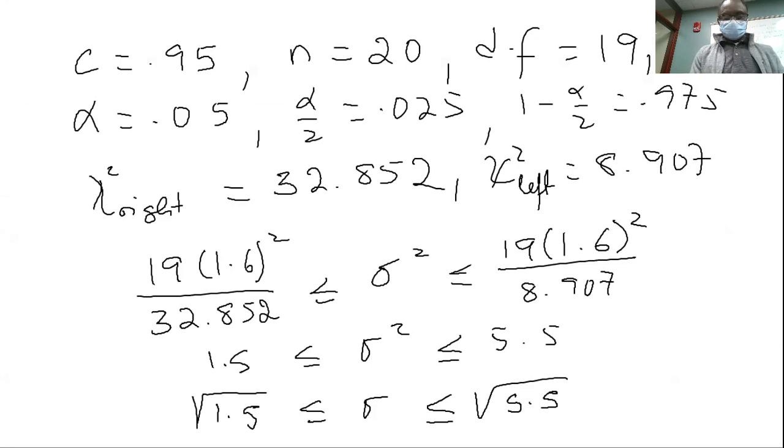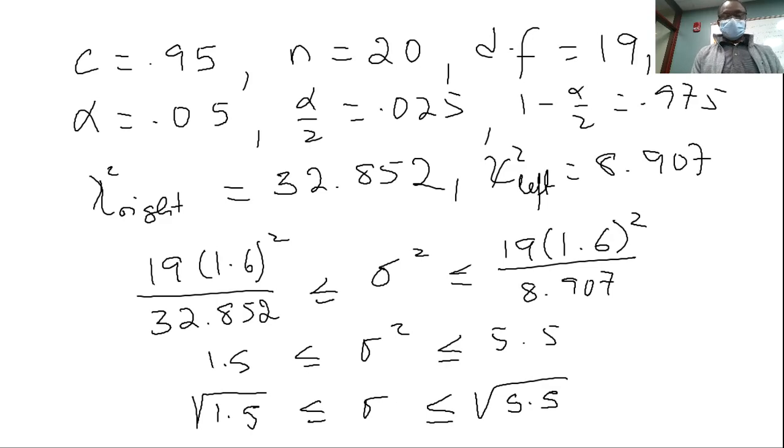We will have chi distribution, inverse right tail. So the probability is what is at the right, 0.025. The degree of freedom is 19. And we will have the chi-square right.